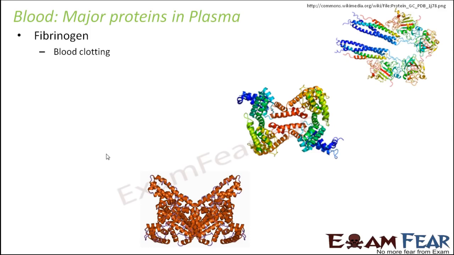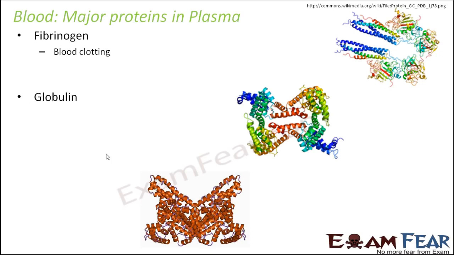Now who controls the loss of blood? That is basically controlled by the process of clotting. You would have observed that whenever there is a cut, it bleeds for some time, and after that a small clot develops at that point, and then later gradually it heals. So fibrinogen plays an important role in the process of blood clotting.